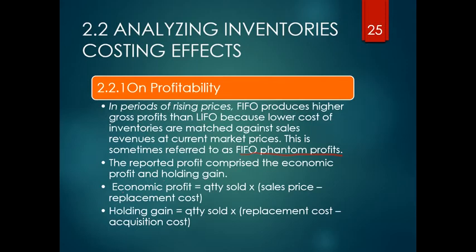So economic profit ialah quantity sold darabkan dengan sales price tolak dengan replacement cost, whereas the holding gain ni quantity sold darabkan dengan replacement cost tolak acquisition cost. Itulah holding and economic profit. You just need to know it secara theoretically.